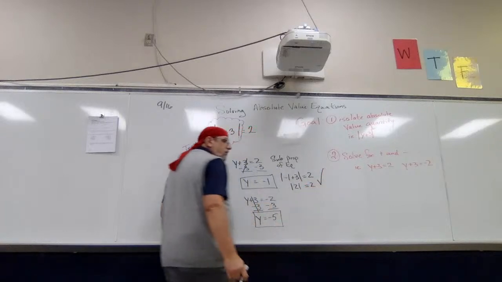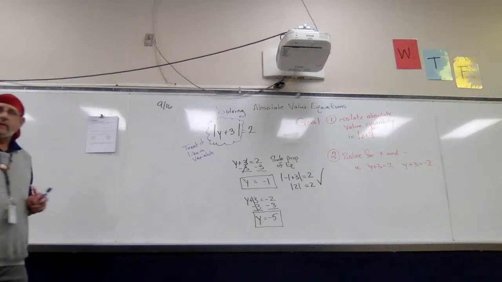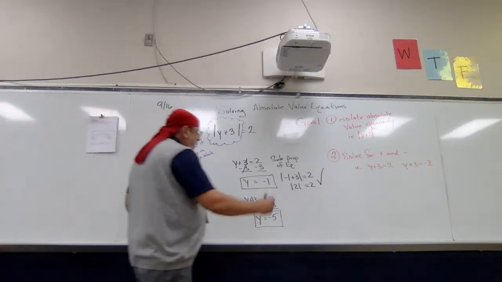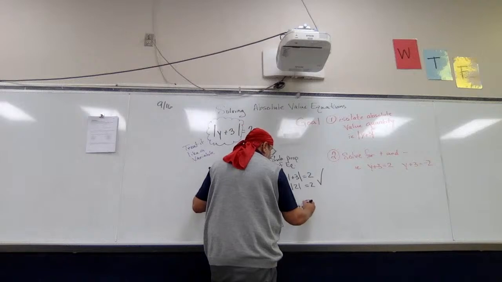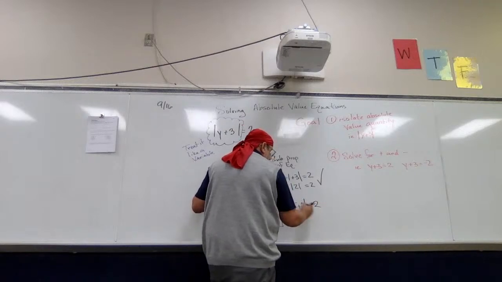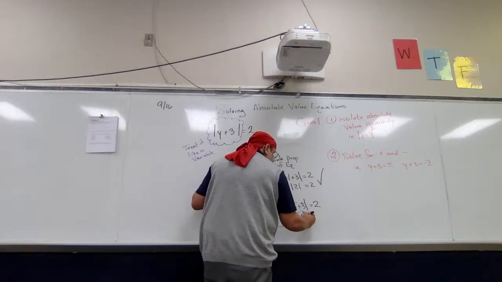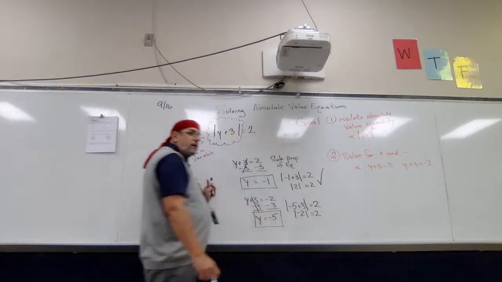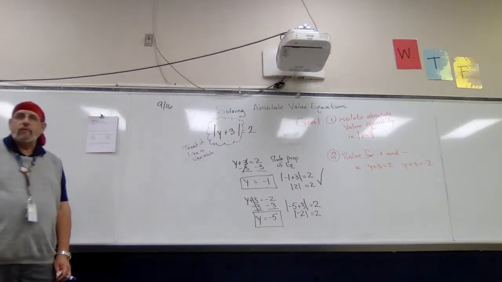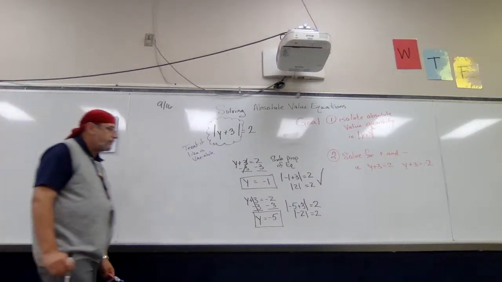That is correct. As well as -5, the absolute value of -2 is 2 as well. Good? Correct?